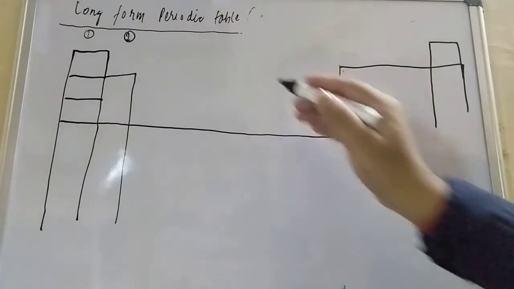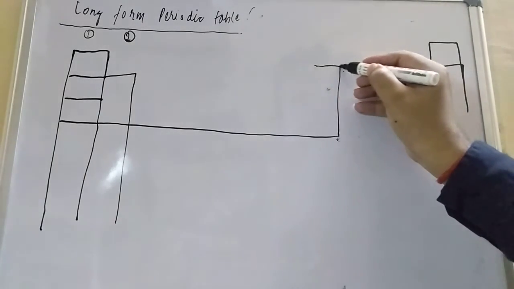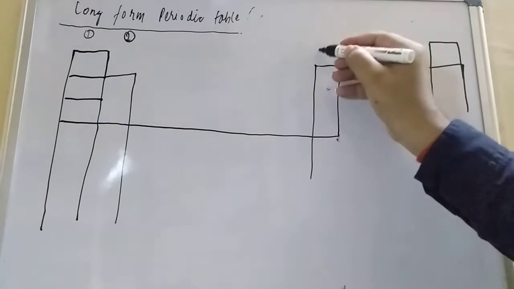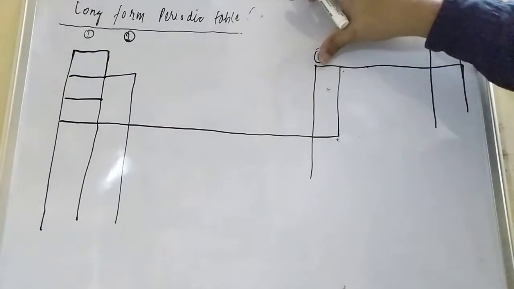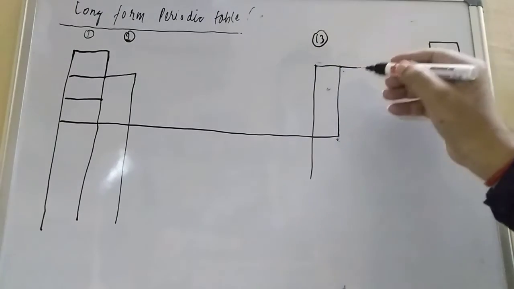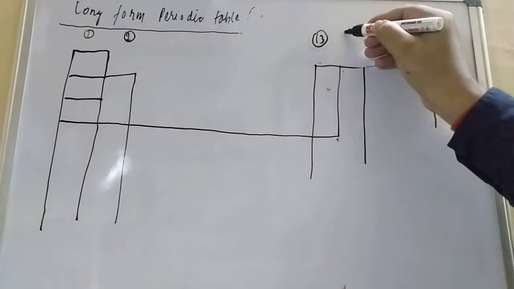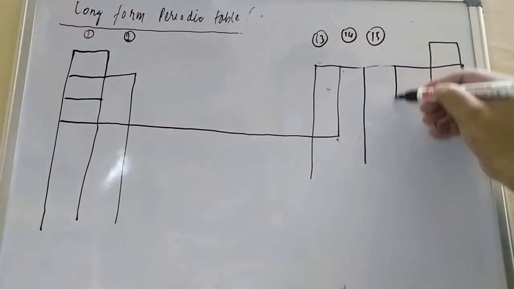Then 10 groups will be there, students. Here you see, this is group number 13. Write on the top, group number 13. Then this is group number 14. Next one, group number 15 here.